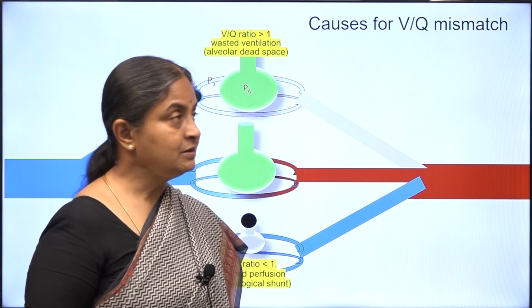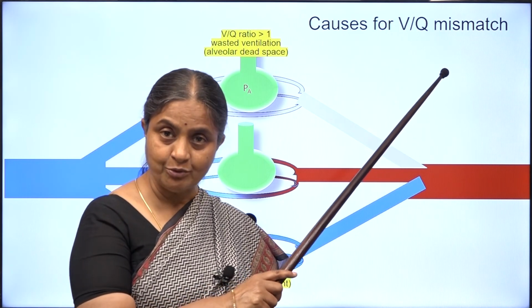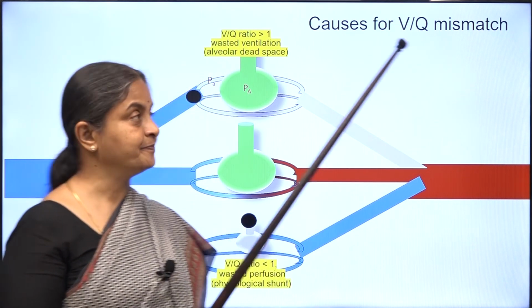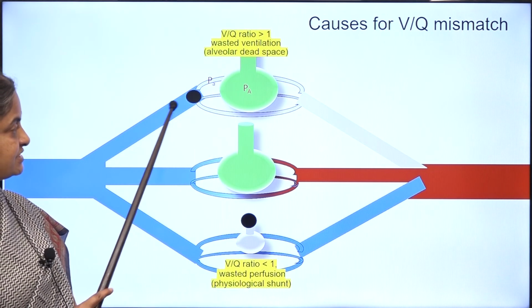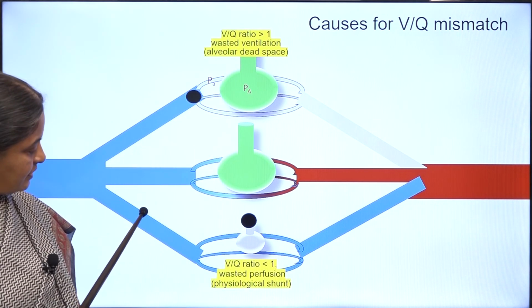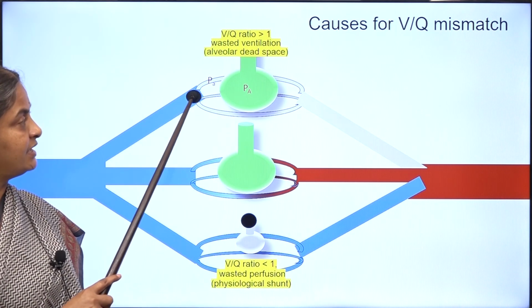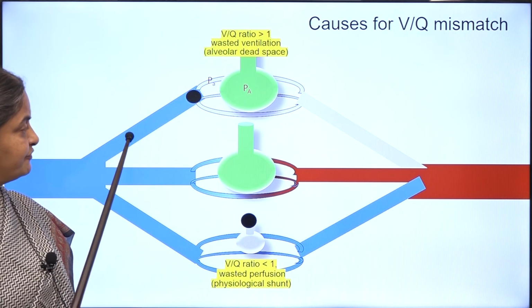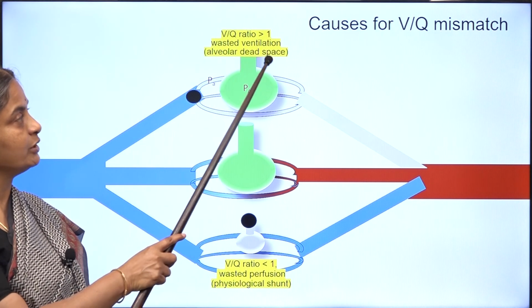We will now see some pathological causes where the VQ mismatch can be accentuated. If these are the alveoli and this represents pulmonary arteries and this pulmonary veins, then microemboli in pulmonary arteries, which prevents blood flow to certain alveolar units, will create alveolar dead space.